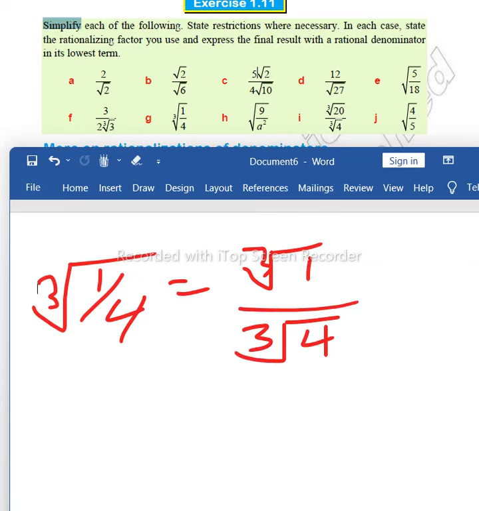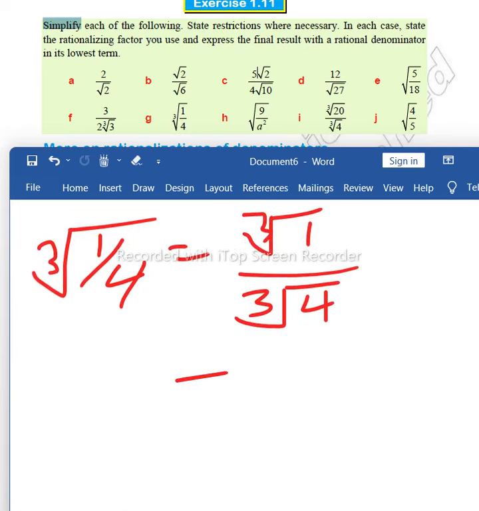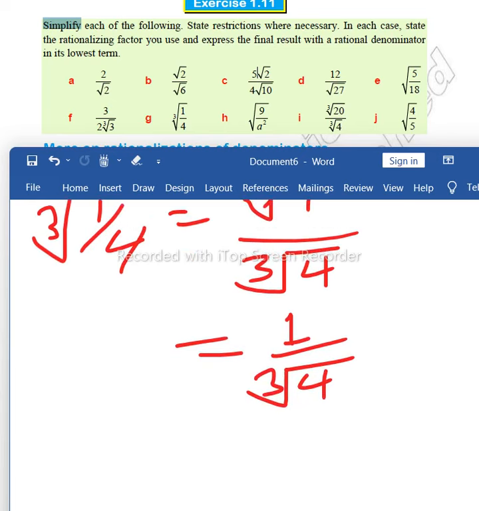The cube root of 1 means 1 times 1 times 1, so the cube root of 1 is 1. When we simplify this, we get 1 over the cube root of 4.